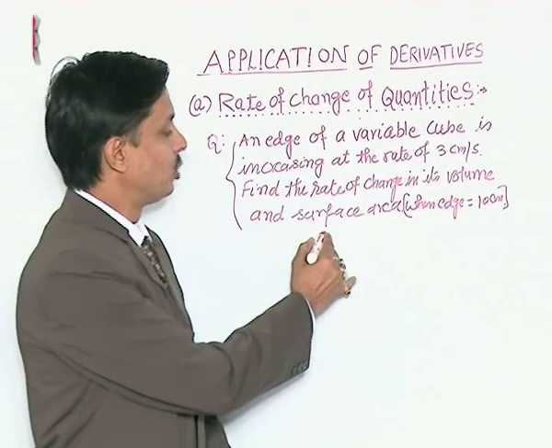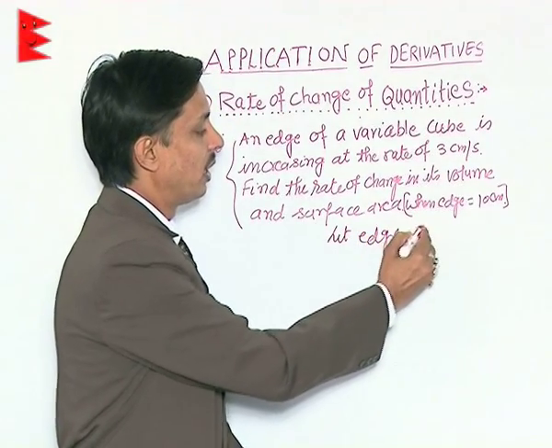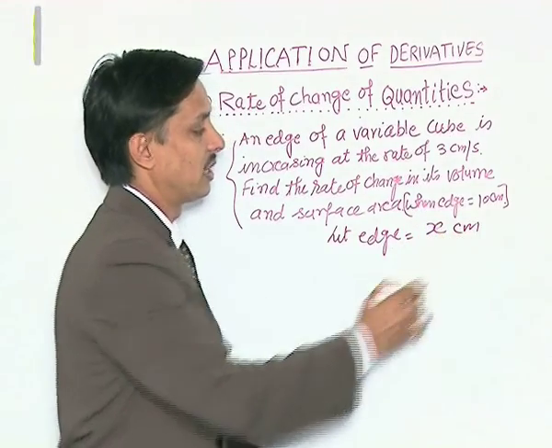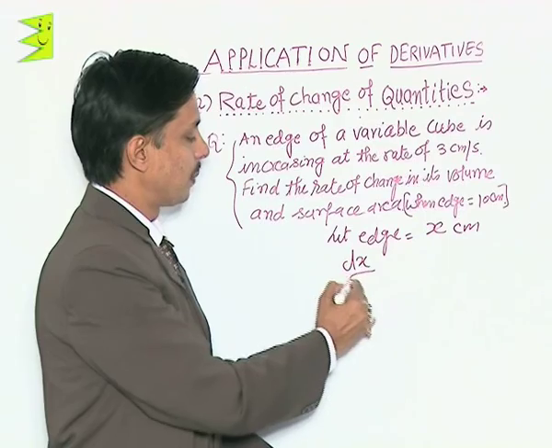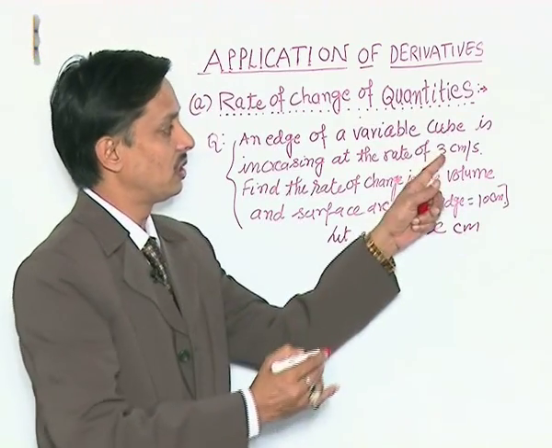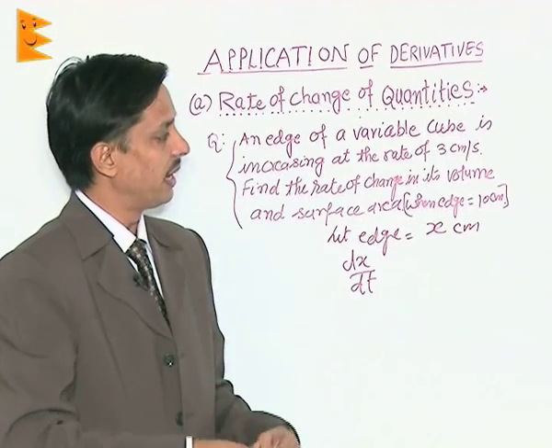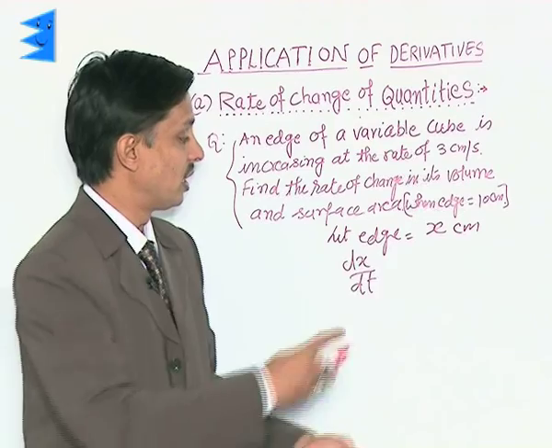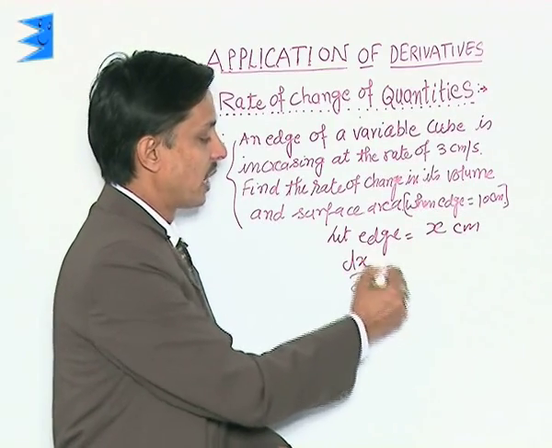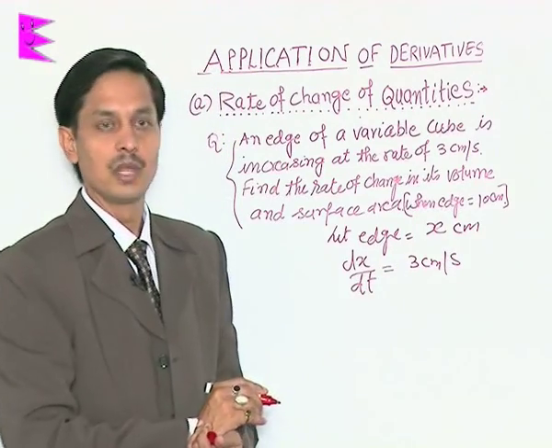Anyway, I can assume let the edge of the cube be the variable x centimeter. So, we are given dx upon dt, because here 3 centimeter per second is the change in the edge at a particular time. So, dx upon dt is 3 centimeter per second, given.